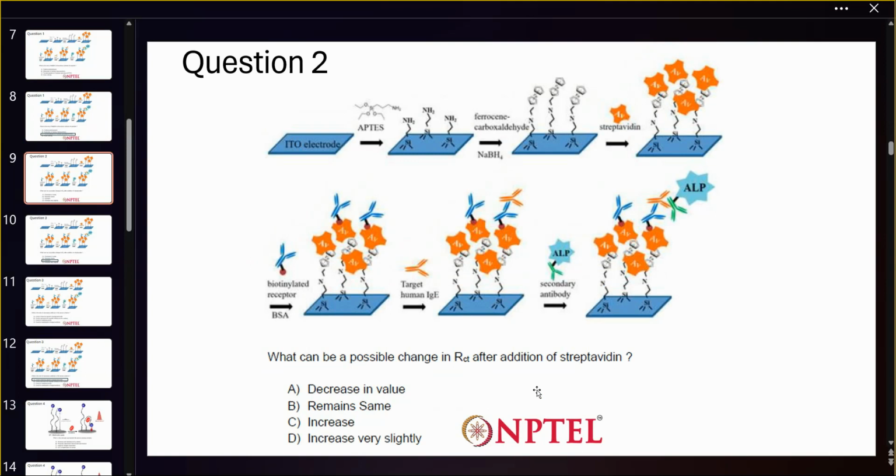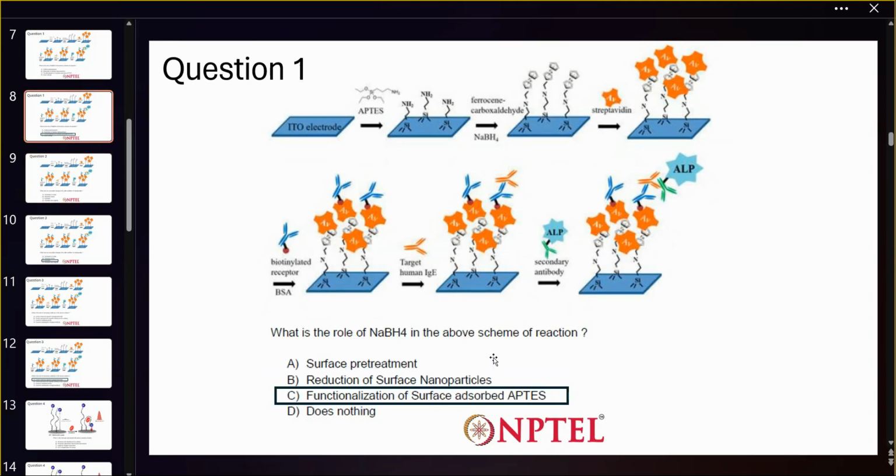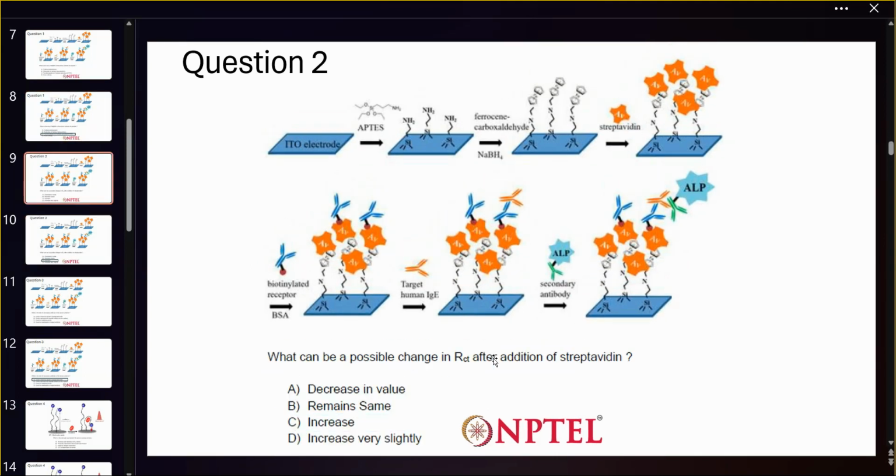Because of the very high weight, the charge transfer will be slower, because the higher the weight of the protein, the more resistance there will be to the electron flow. So that is why the charge transfer resistance will increase.